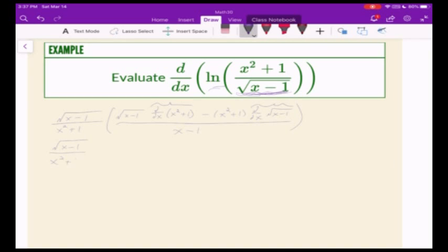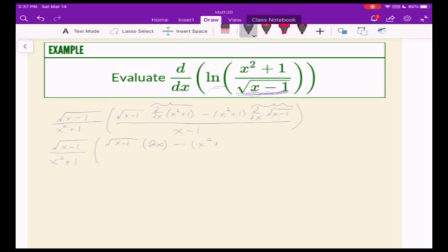Okay, so let's take care of these derivatives. So keeping the function outside the parentheses the same, x squared plus 1.